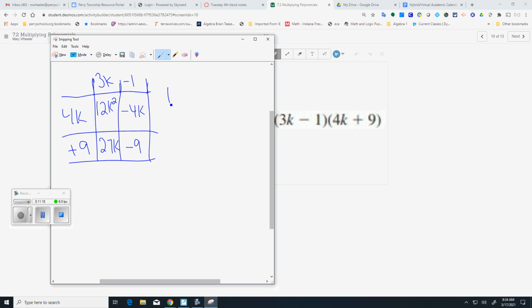Write it out. 12k squared minus 4k plus 27k minus 9. And we combine our like terms, so we get 12k squared plus 23k minus 9. And that's our final answer for this one.